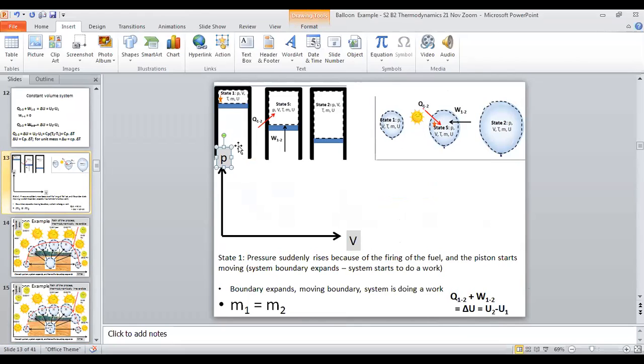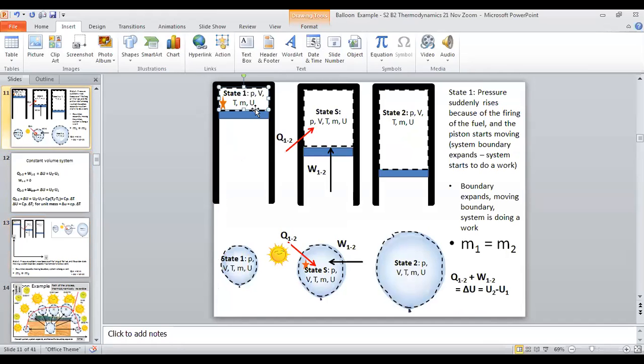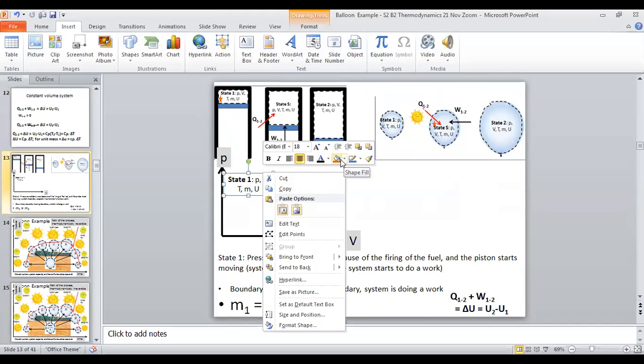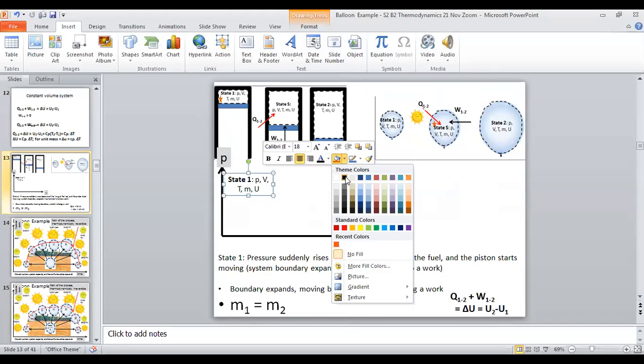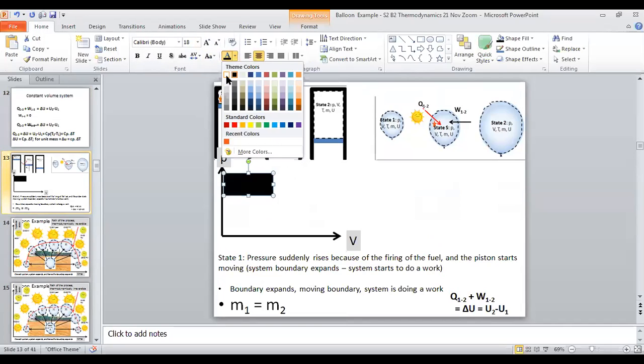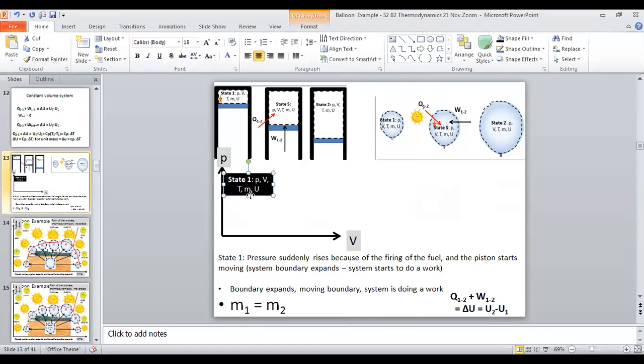So of course initially state 1, pressure is quite high and volume is little small. So I'll just put it this way.